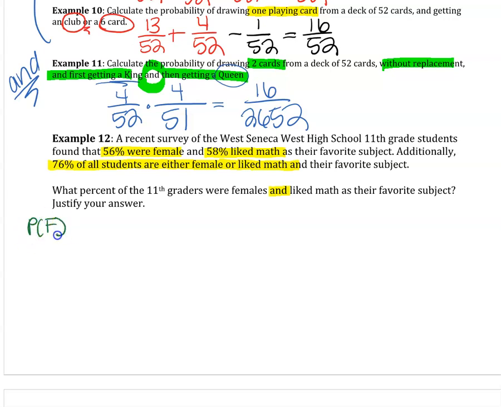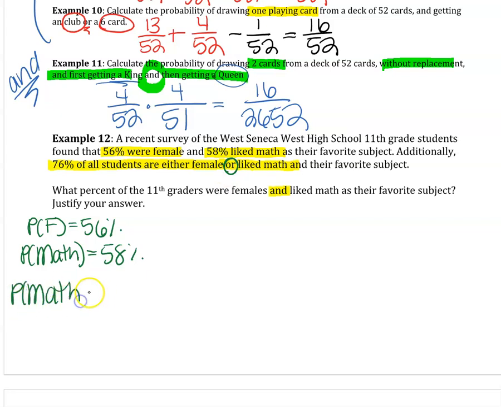Probability of being female was 56%, probability of liking math was 58%. And then they said the probability of being female or liking math, so math or female, I'll just do F for female, was 76%.